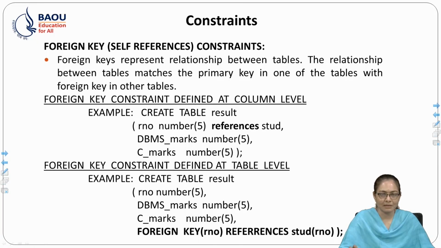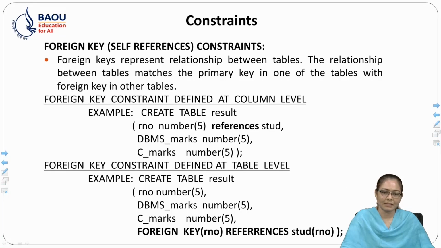Then C marks column, data type is number and in the bracket size is 5, comma. After all the columns are declared, after that the foreign key is defined.